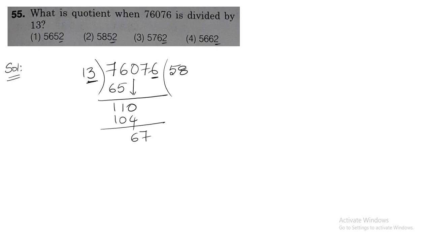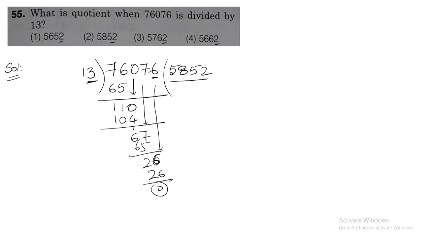Here I am going to get 67, and then 13 5s are 65. Next, 7 minus 5 is 2, and here I am going to get 6 in the next step. Here 7 comes down, here 6 comes down. Next, 13 2s are 26.